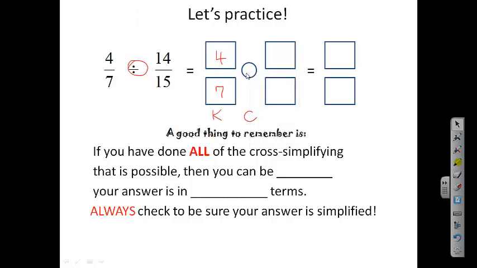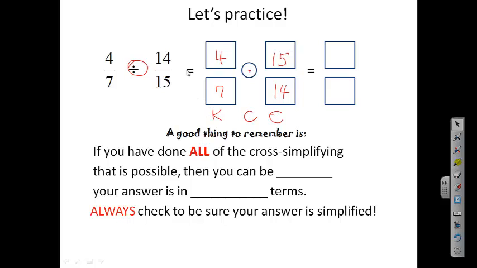Sorry, that's not a minus sign, that's a times sign. And we change the second fraction to its reciprocal.